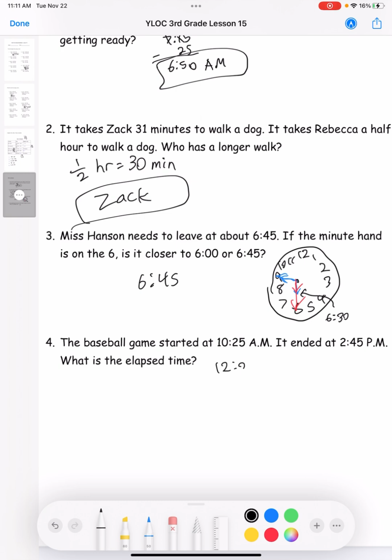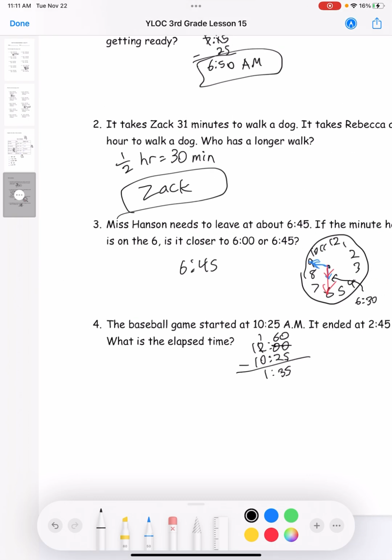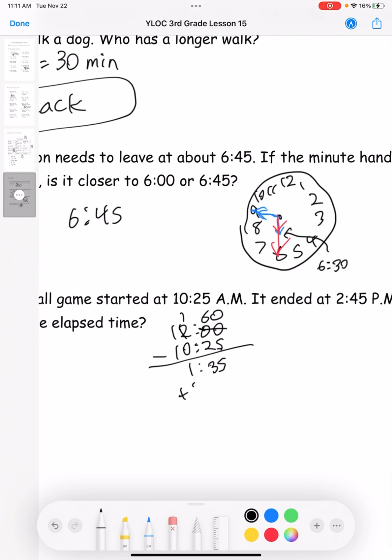Since the end time is p.m., we'll have to subtract 12 minus 10:25, and then we'll get, and then we add 2:45, and we get 4 hours and 20 minutes.